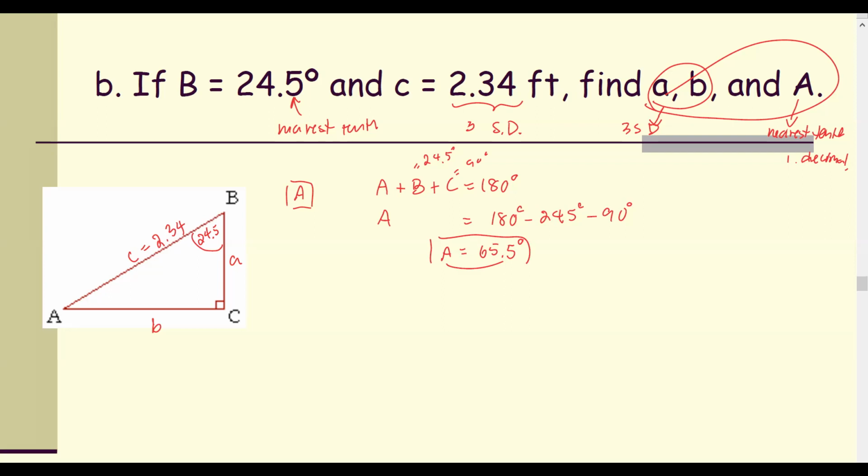Next, we're going to find side A. This time let's use the trig function involving angle B. A is adjacent to angle B. We're going to use the cosine of B equals adjacent to angle B over hypotenuse C. Substitute the numbers: the cosine of B, which is 24.5 degrees, equals A divided by C, which is 2.34.